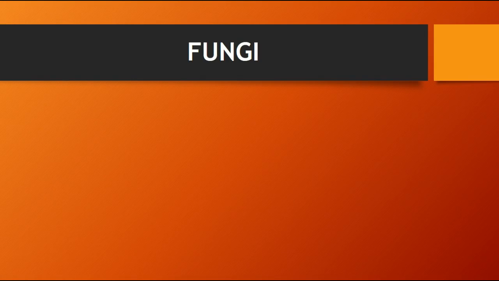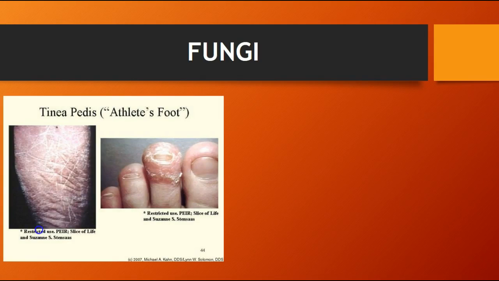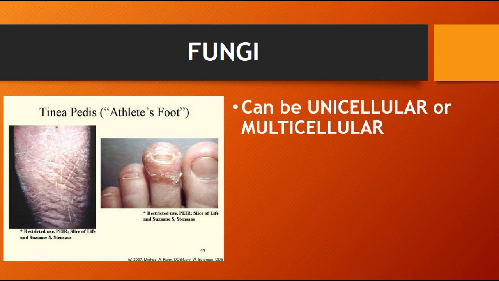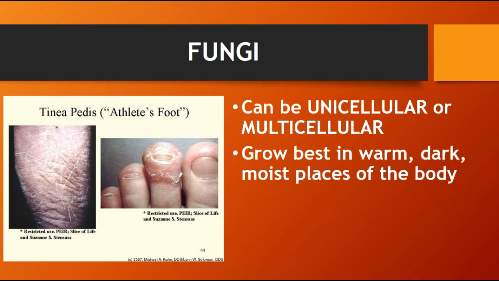Next, we want to talk about fungi. Now, fungi can be unicellular or multicellular. It can be made of just one cell, but it can also be made of many cells. And these fungi, they grow best in areas of the body that are warm and dark and moist. So this would be like on your feet.